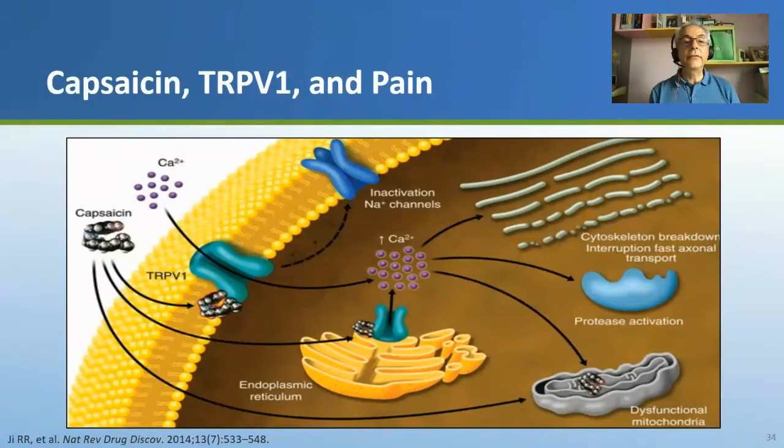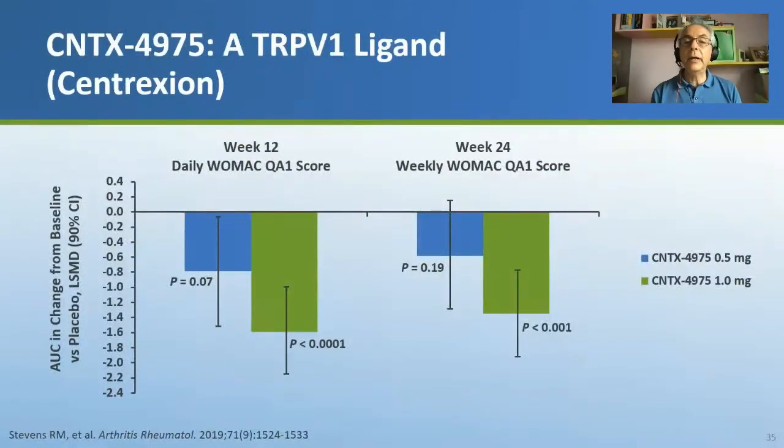This is the phase 2 double-blind randomized controlled trial looking at the efficacy on pain of intra-articular injections of the Centrexion molecule, CNTX-4975. It's a trans-capsaicin injected into knee OA.